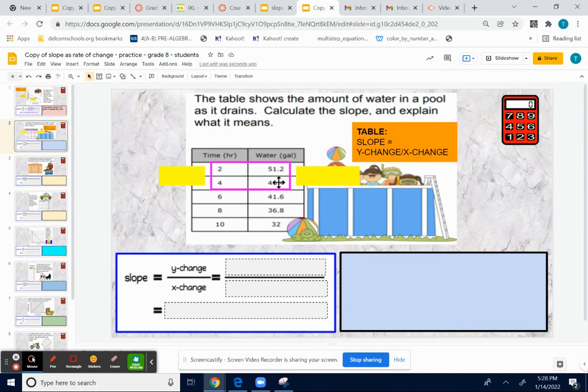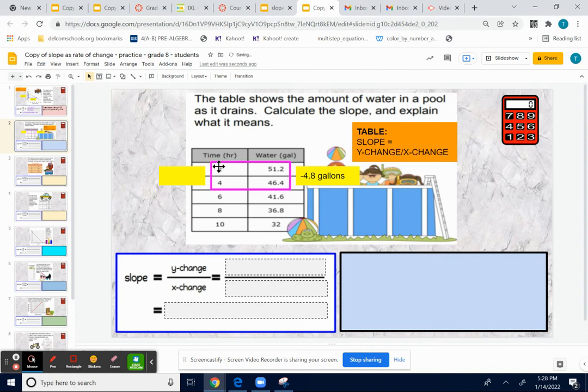But it's going to be going down. You just subtract these 2 values. It's decreasing from 51.2 to 46.4, so it's going down 4.8. It's decreasing 4.8 gallons.